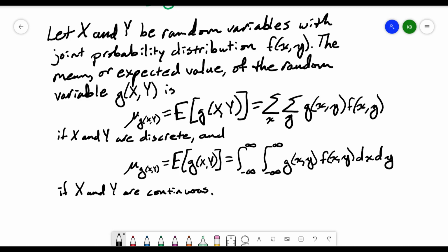We do this by taking the double sum, summing over x and summing over y, of g of x, y times f of x, y, where we're going through all the possible values of x and all the possible values of y when x and y are discrete. And we do it with the double integral, integrating over x and y from negative infinity to infinity of that product g of x, y times f of x, y when x and y are continuous.